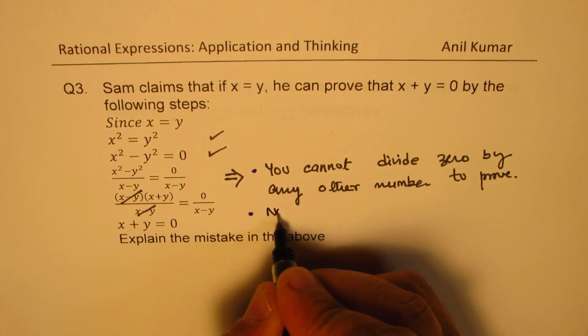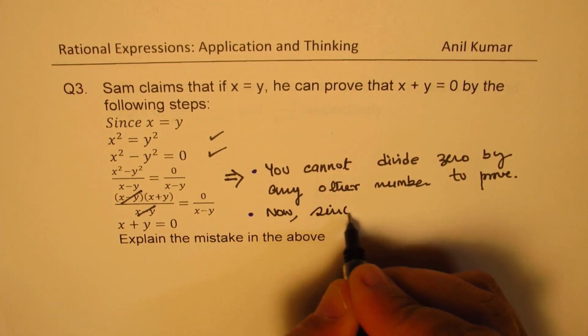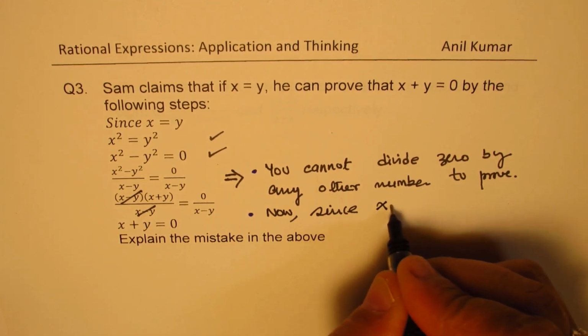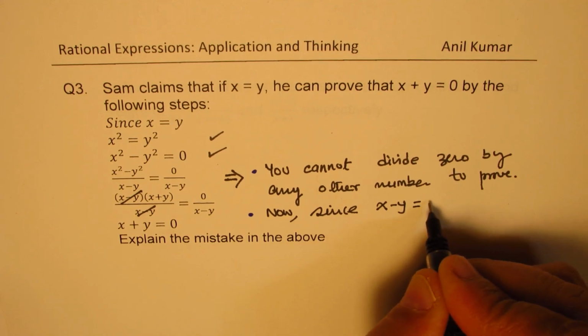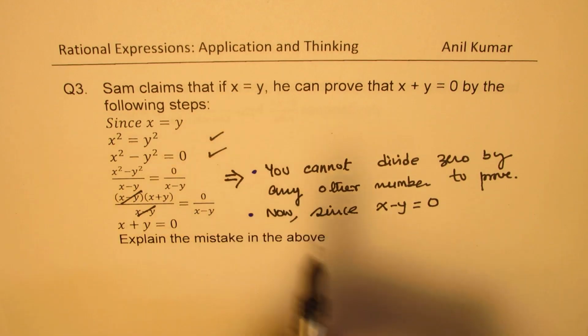Since x minus y is equal to 0, right? That we know actually, x equals y.